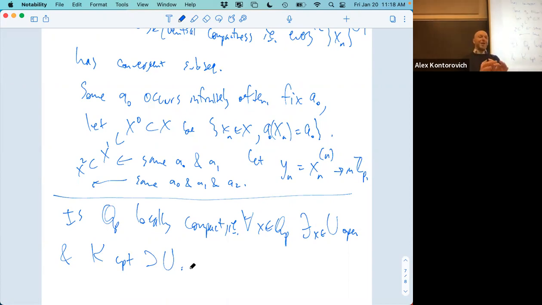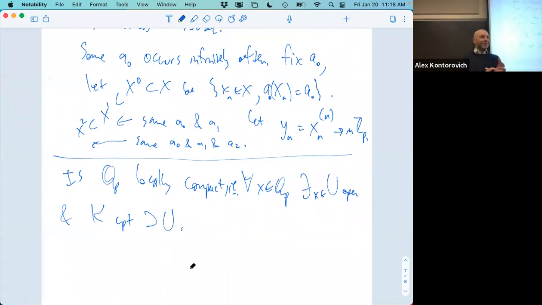You don't just want to say there's a compact set, because take that singleton. So you want to say there's an open set which is contained inside a compact set, and I always find such a thing. So is it locally compact?